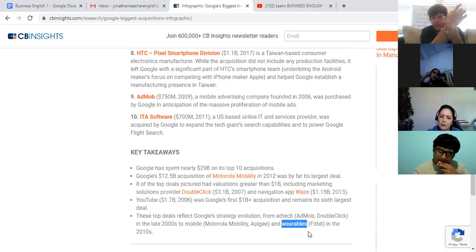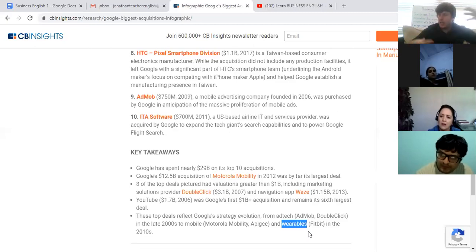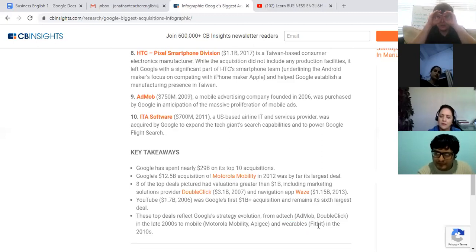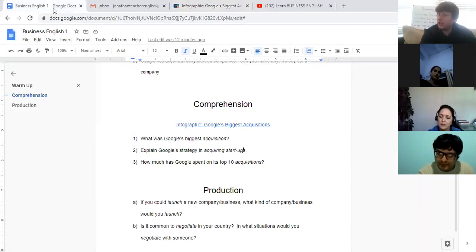The Fitbit is the bracelet that you put on when you exercise, and it tracks your health and your fitness, your heart rate. It tracks your vital signs, and then it gives you that data in an app that you can analyze. So that's where they're moving now, to wearable technology like the Fitbit. They also experimented with Google Glasses, so they're all over. But great job, excellent.